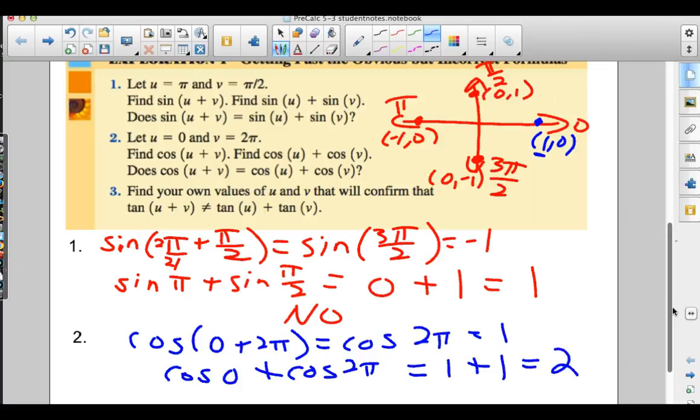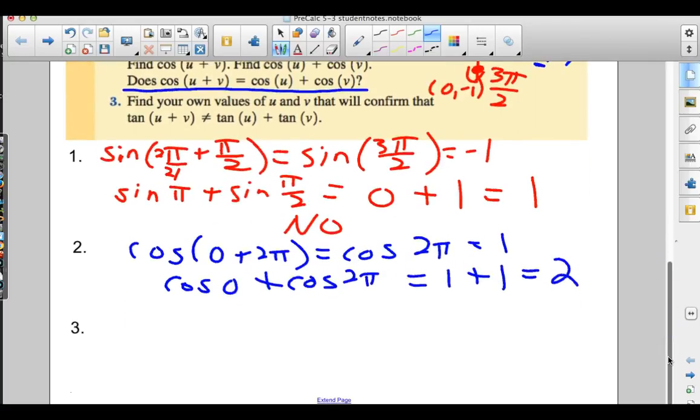So the cosine of 0 plus 2 pi gave us 1 as an answer. The cosine of 0, stop and find it, plus the cosine of 2 pi, stop and find it, came out to 2. Their question, are they equal? No. Doesn't work.